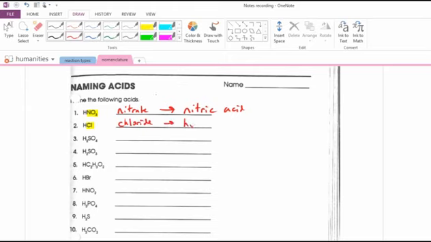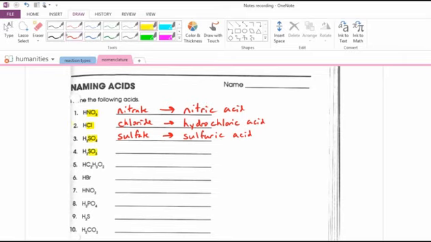So an IDE ending gets the hydro on the front, and the IDE changed to IC, and we add acid. SO4 is sulfate. The ATE ending gets changed to IC, but this one does have a little idiosyncrasy in it. We change from sulfate to sulfuric. So we still have that ATE changing to IC, but we bring back that UR syllable.